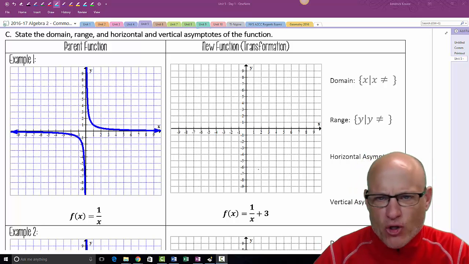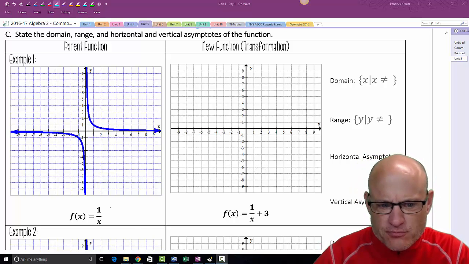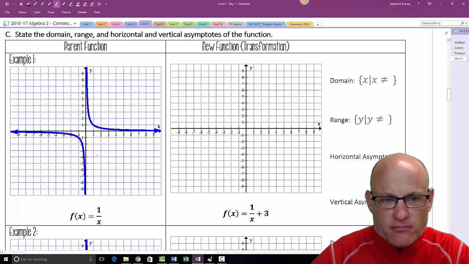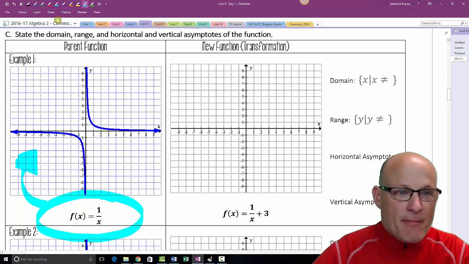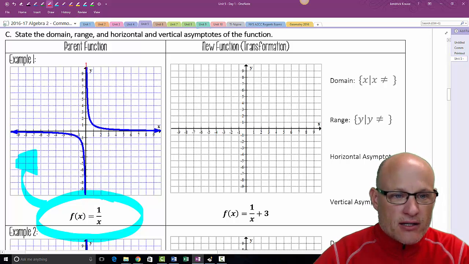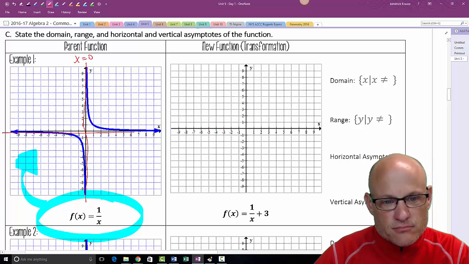Let's take a look at this function. There is our parent function graphed for you. It is a hyperbola. My asymptotes are right here at x equals 0 and y equals 0.